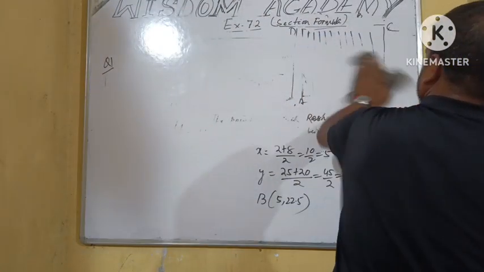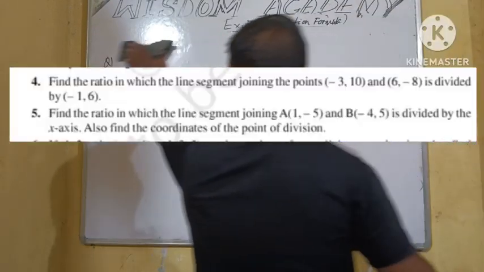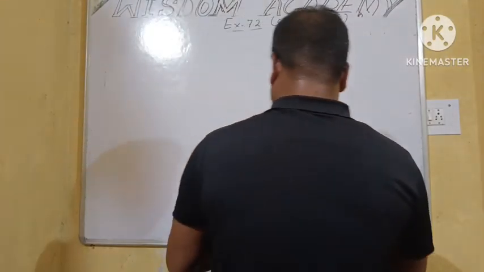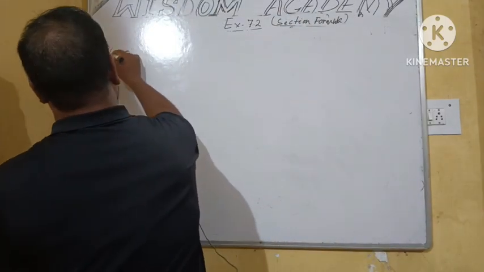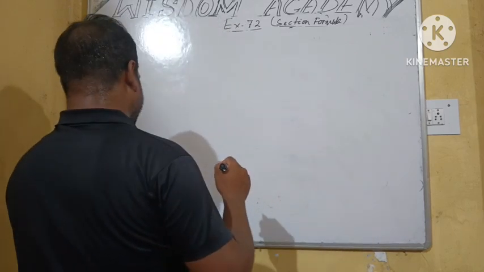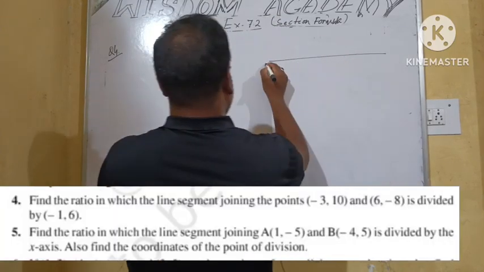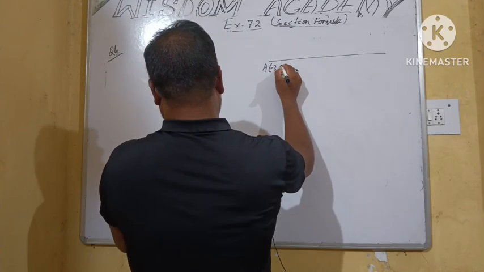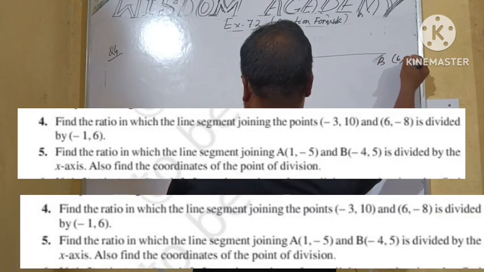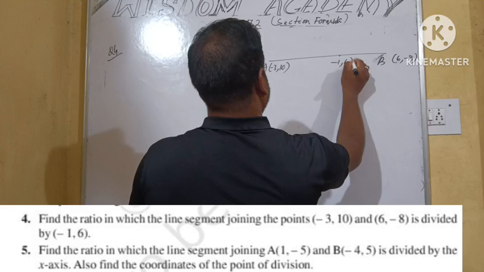Question number 4. Find the ratio in which the line segment joining the points (-3, 10) and (6, -8) is divided by (-1, 6).